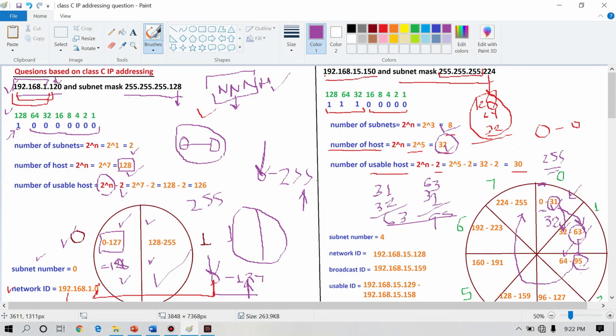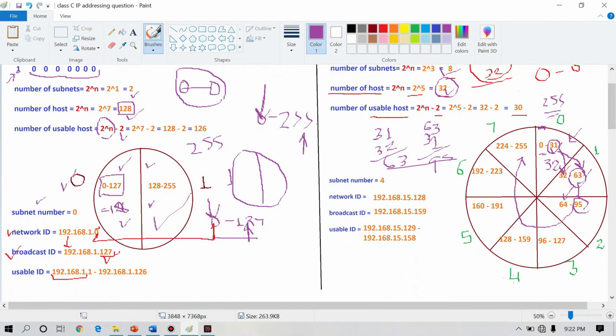Now the next thing is to calculate this portion. Now you have to see which subnet 150 lies in. We will not touch this network portion, we will touch only the host portion. So 150 lies in this one, from 128 to 159. 150 lies in between this. So the subnet number is 4. I have written here that the subnet number is 4.